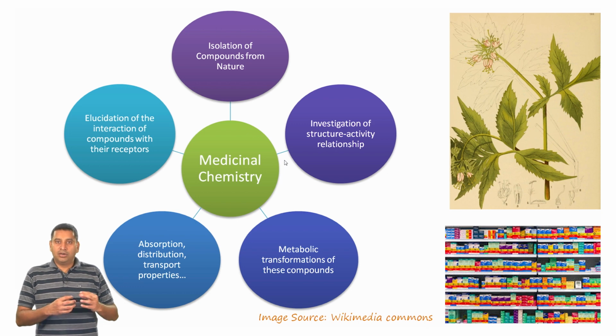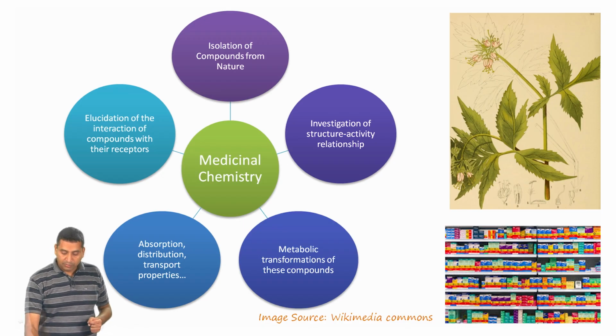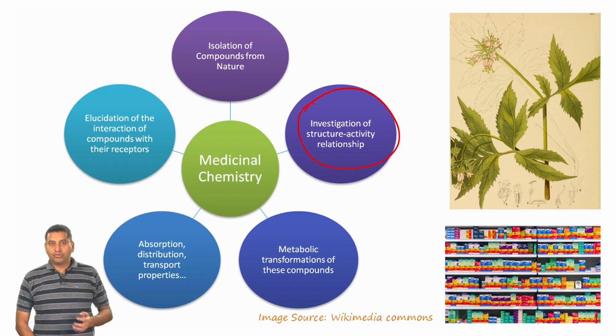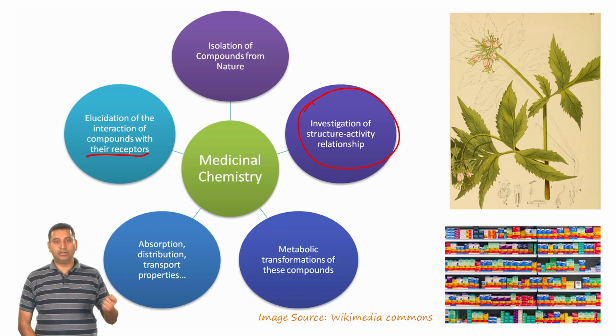Once you have a small molecule or a drug, you also need to look at the structure activity relationship, which is basically trying to figure out which structure leads to the best activity. You also need to look at how the compound interacts with its targets, which is what is meant by elucidation of the interaction of the compound with its receptor.